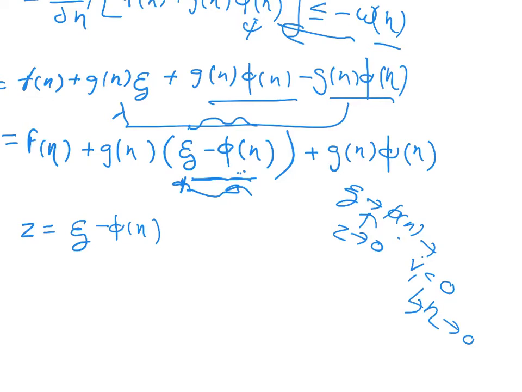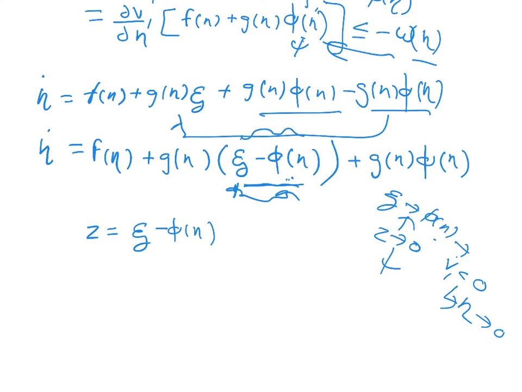Now the question is, how do we make z go to 0, right? So that first job is done. If somehow z goes to 0, then the first term will be taken care of. Now the question is, what can we choose to make z go to 0, because then when z goes to 0, things are done, right?